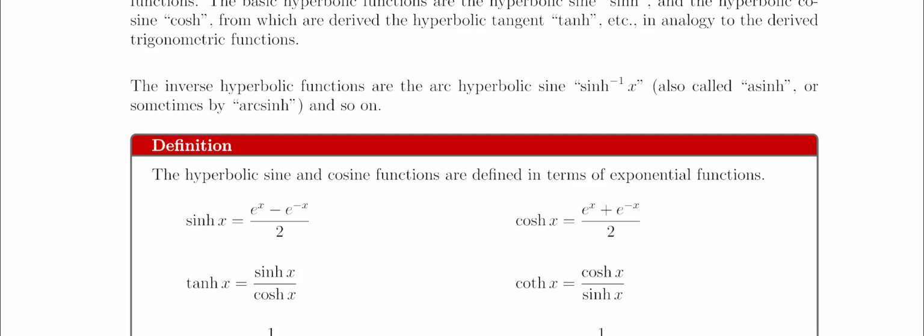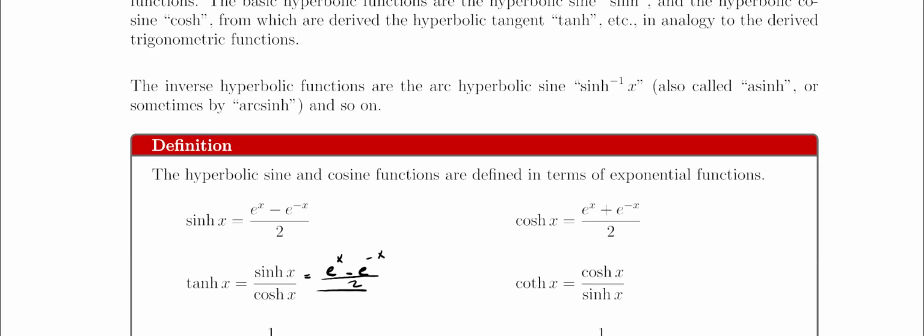Now, with the other hyperbolic functions, we get to see some of the properties that are similar to the trigonometric functions. We take a look here at the hyperbolic tangent, tanh of x, and we see that it is defined as the hyperbolic sine divided by the hyperbolic cosine. We can also define the hyperbolic tangent in terms of exponential functions. The hyperbolic sine is e to the x minus e to the negative x divided by 2.